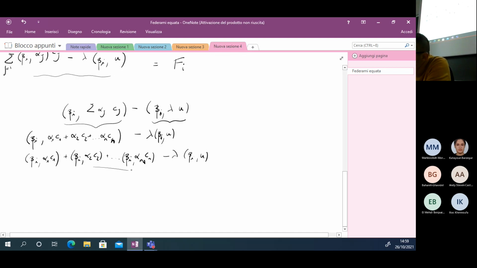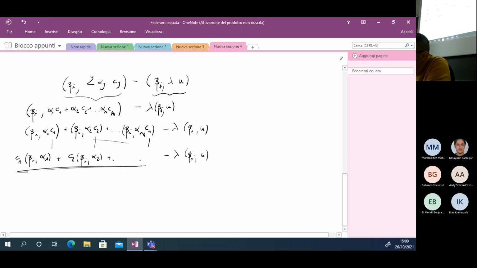So these terms here, C1 is a number, C2 is a number, C3 is a number, until Cn, which are numbers. So they can be taken outside the inner product. And this becomes C1 times the inner product of beta I with alpha 1, plus C2 times the inner product of beta I with alpha 2, plus and so on until the last term. And then I have minus lambda beta I u.